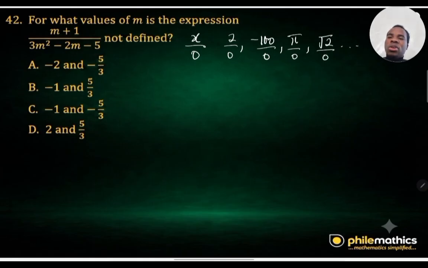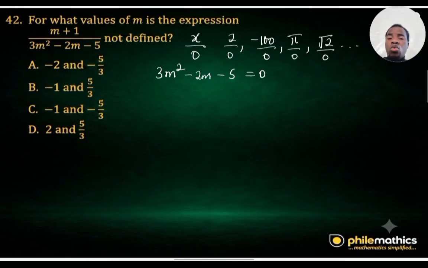This expression is undefined when 3m squared minus 2m minus 5 equals 0. We simply solve this quadratic equation by finding the values of m that make this 0. How do you factorize this?